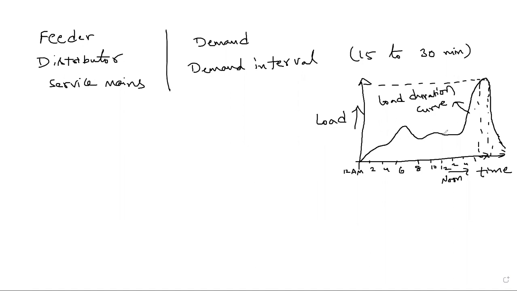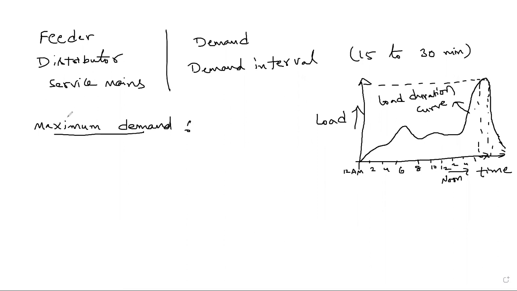From this load duration curve, what are the parameters we can get? The maximum demand. What is meant by the maximum demand?